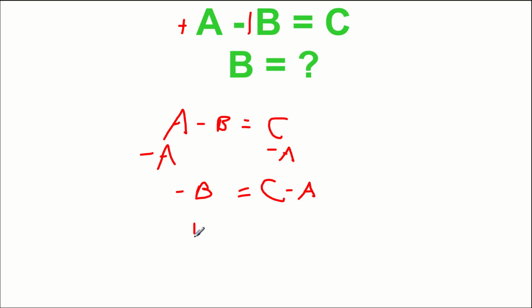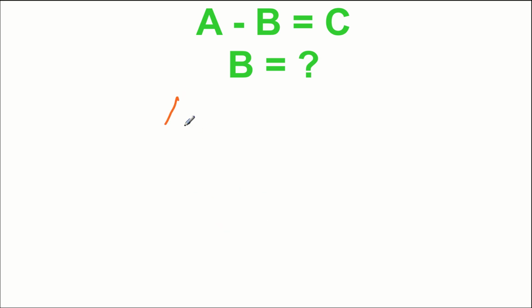And we can just go ahead and basically change the sign on each part as we divide by that 1. So we would have -c plus a, or that could be a minus c, depending on how you want to order that. Any questions?